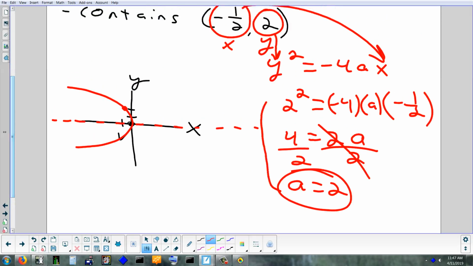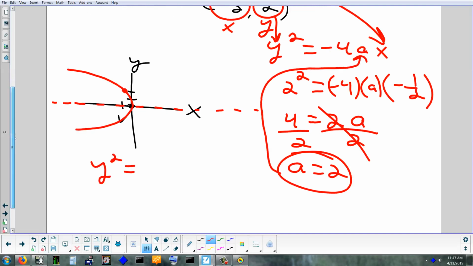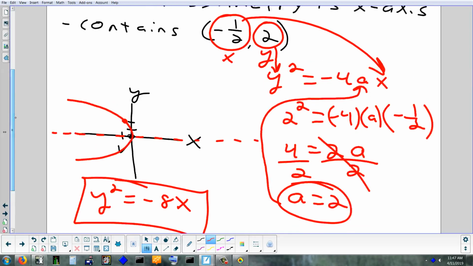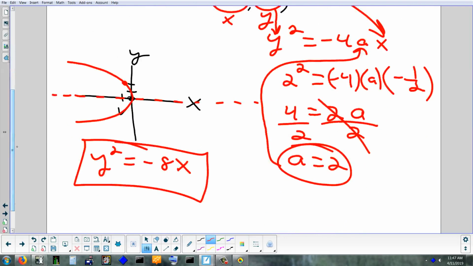Just go back to your formula and write the final answer, just filling in the a. So y squared equals, what's -4 times 2? -8x. There's your formula. So a little tricky because we had to use this x and y to figure out a. But there's always enough information to find a somehow. Okay, any question on that?